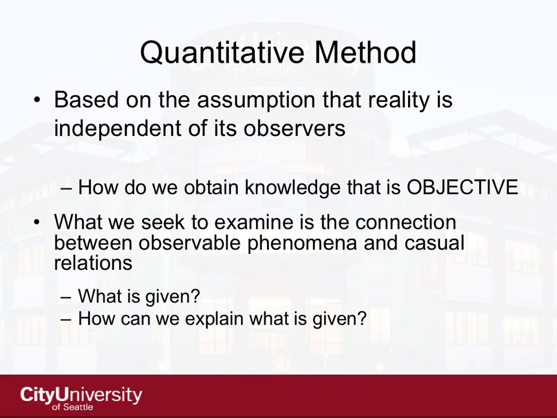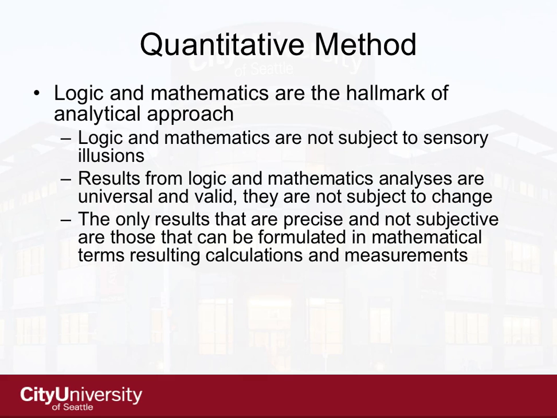So what is given? How do we explain that? We observe some phenomena in the world about your topic, for example, and we want to figure out relationships. Are there causal relationships? What's the connection? How do we explain it? That's what quantitative traditions philosophically go toward.